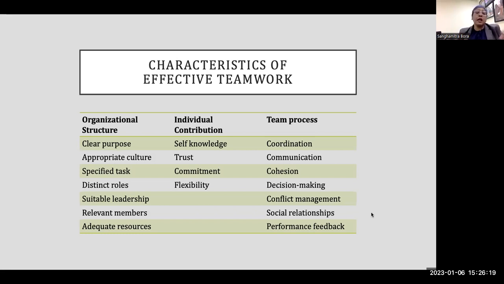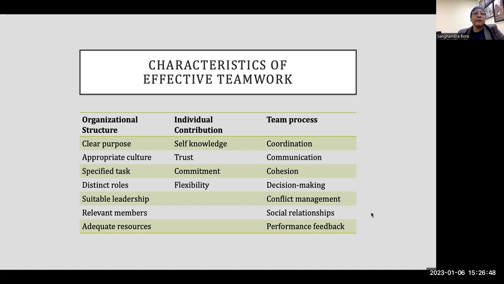For example, the physician would play his own role, the nurse would play their roles, the managerial people will also be playing their roles. There would be a suitable leadership, and the leadership has to be one which is acceptable by the hierarchy of the system, hierarchy of the organization.